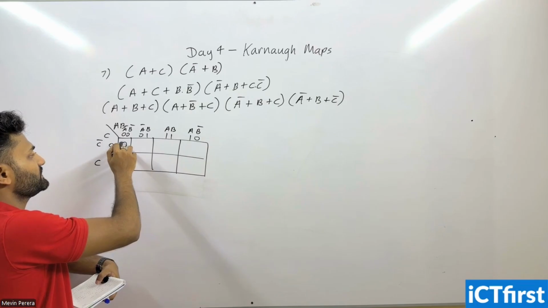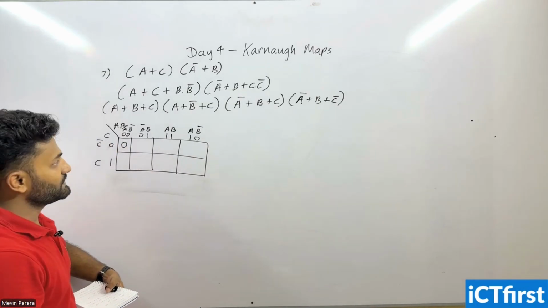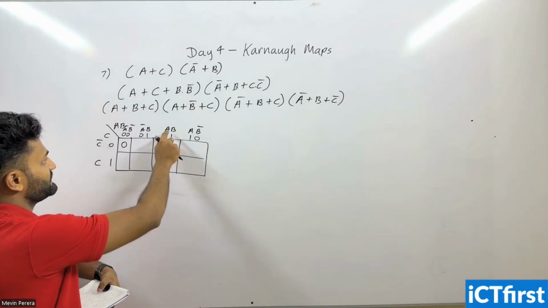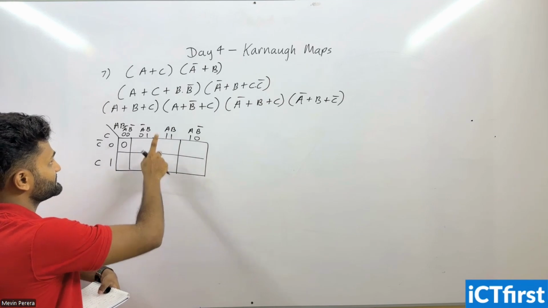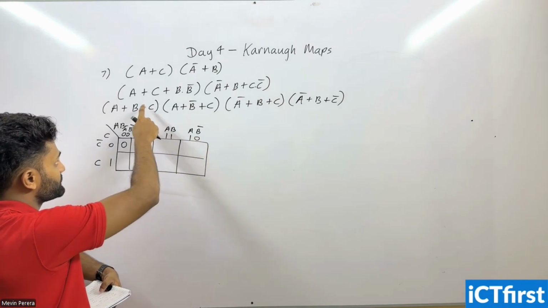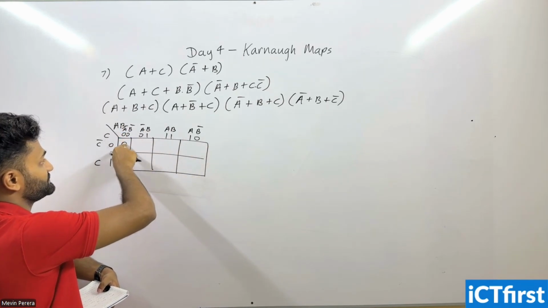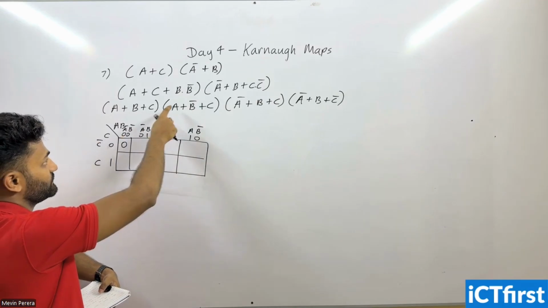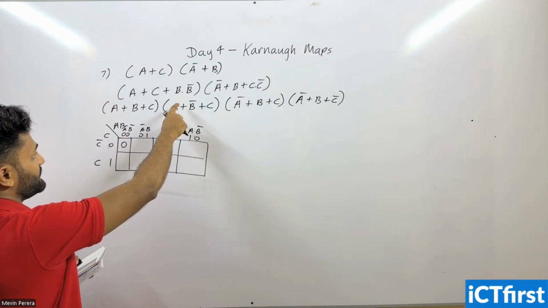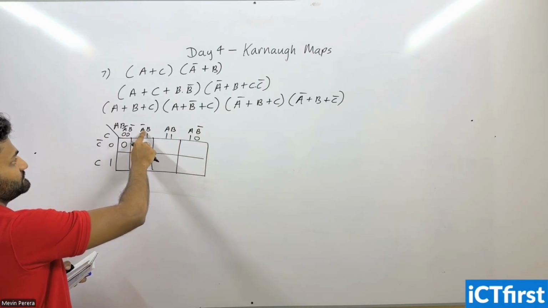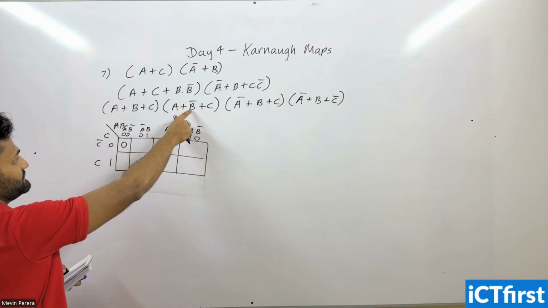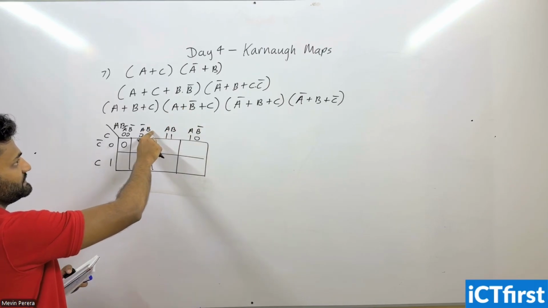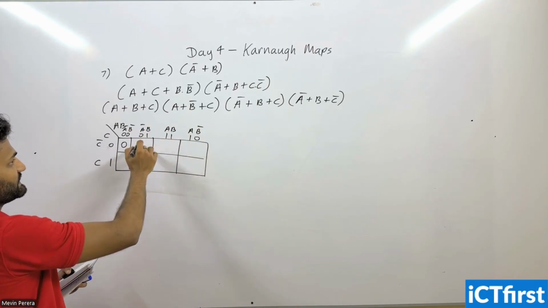So we should take A bar, B bar, C bar. Now, this is the position. Normally it was this, right? A, B, C, this one. But since this is POS, we should take this position, A bar, B bar, C bar. Now, here, instead of A bar and B bar, we are taking B. So instead of C, we are taking C bar.